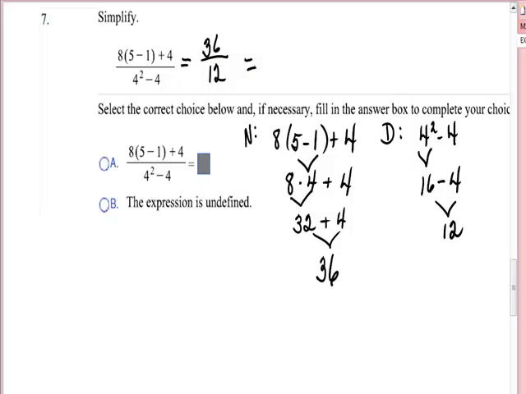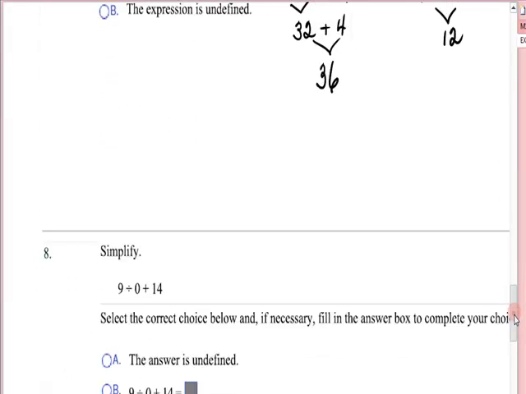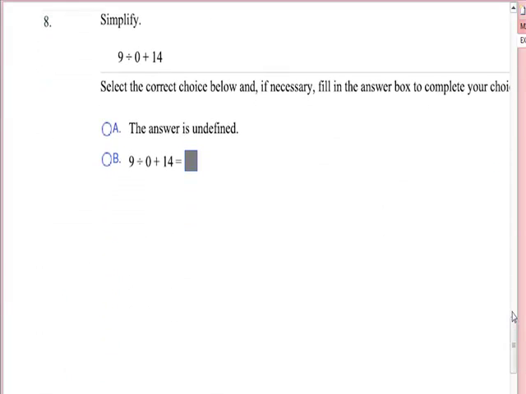Now, I'm not finished because a fraction line means division. 36 divided by 12 is 3. In these problems, in this chapter, or in this unit, everything will divide evenly. So if you get something and it is not dividing evenly, you have made a mistake giving you numbers that are incorrect.